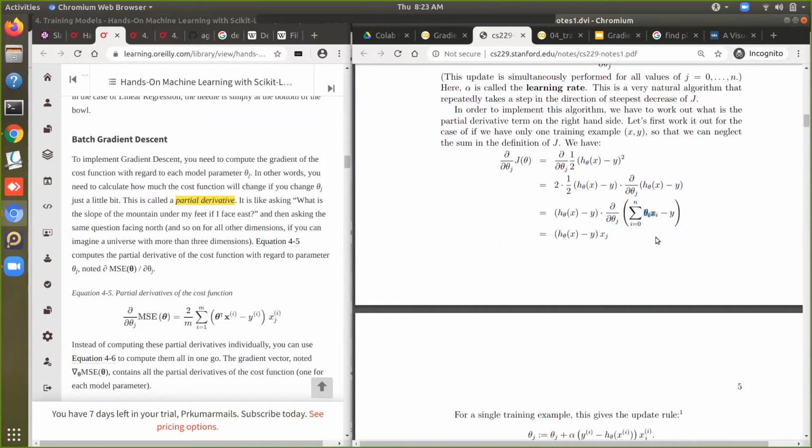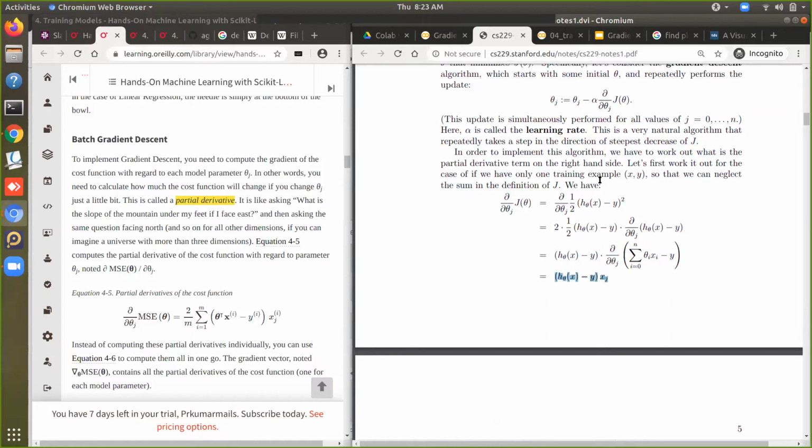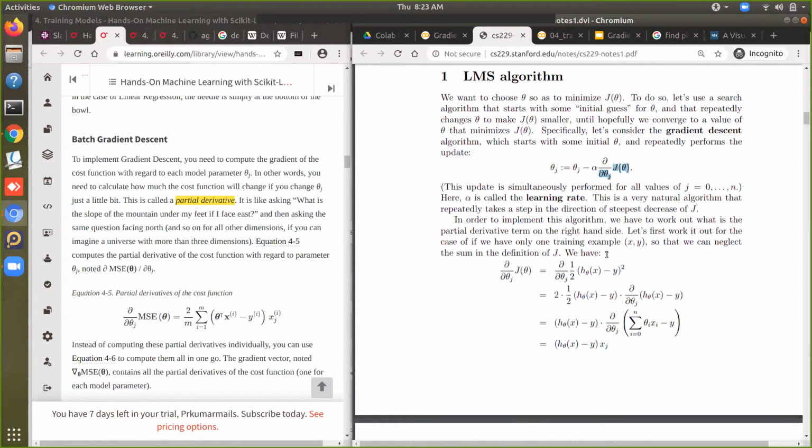For example, if you differentiate 5x with respect to x, we get 5. In the same way, since we are taking the derivative with respect to theta, we get x here. So now we know this is the gradient, and I just plug it into this equation.